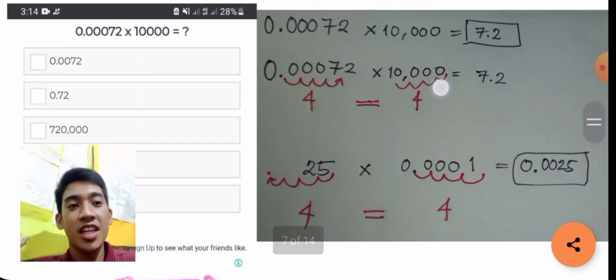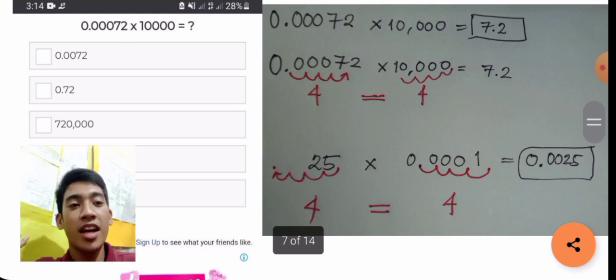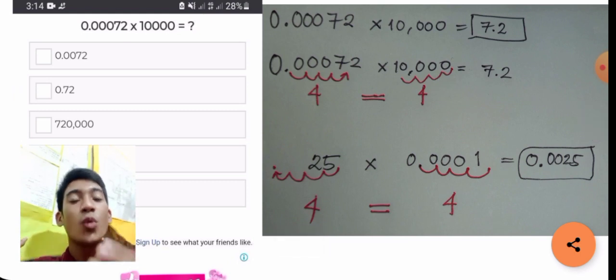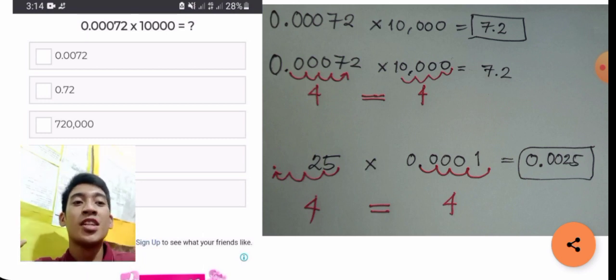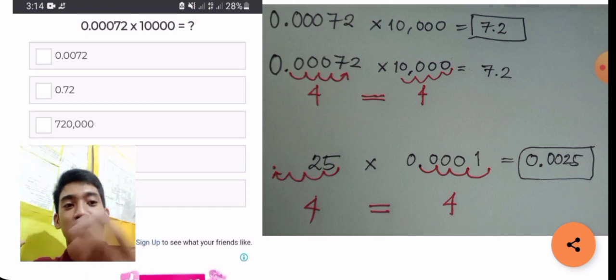If we multiply a decimal number with a whole number of multiples of 10, like 10,000, 100, 1,000, therefore move the decimal to the right.